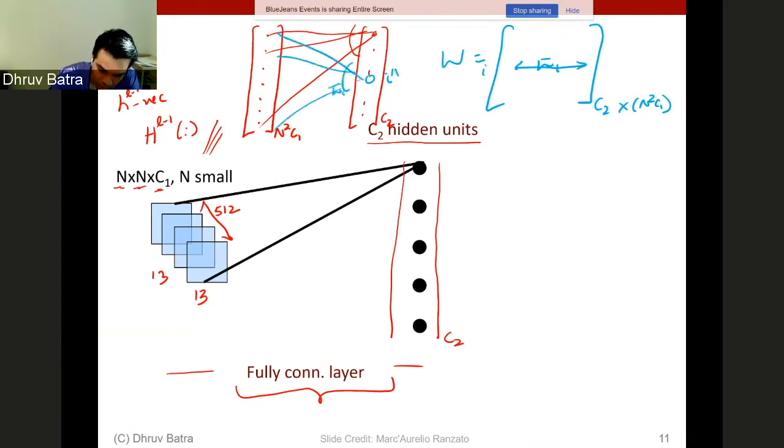So this will be W_i. Okay. So far so good. This is just saying convert your tensor into a long vector and then shove it into a fully connected layer. Not particularly tricky. Okay.